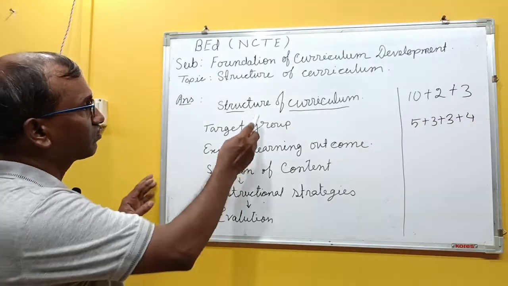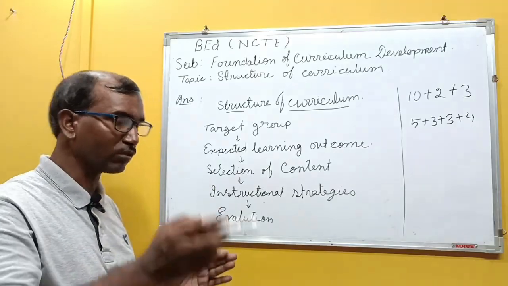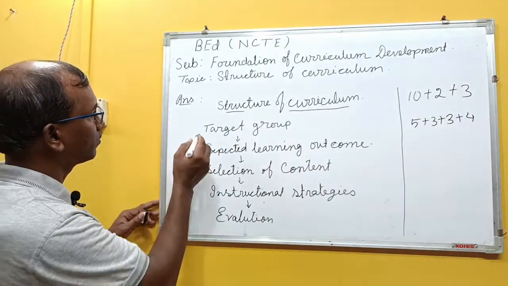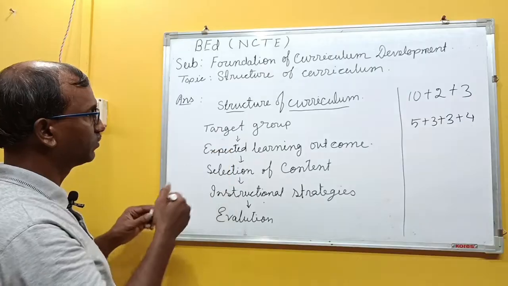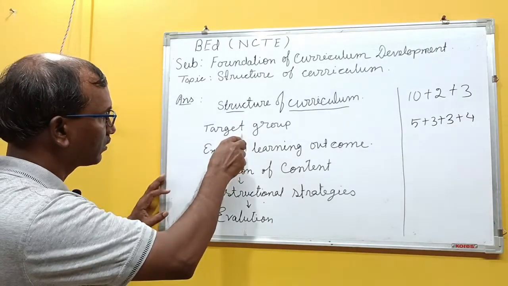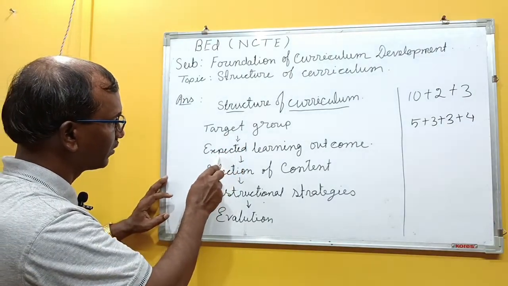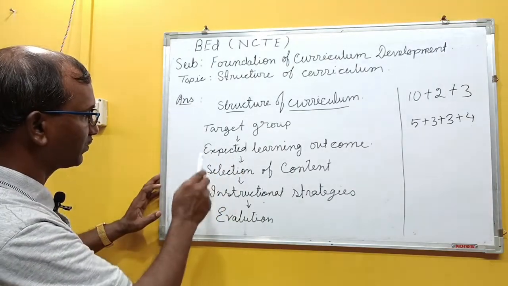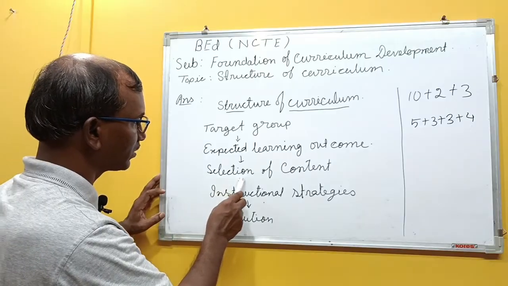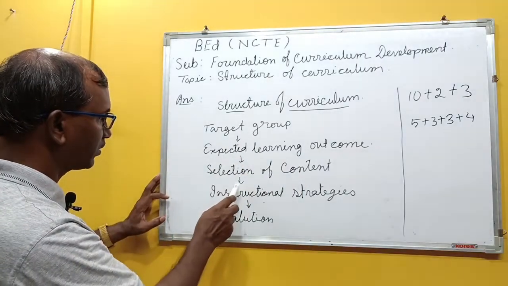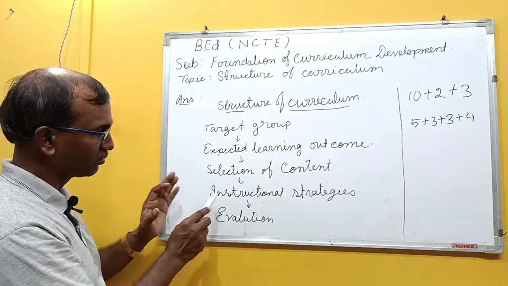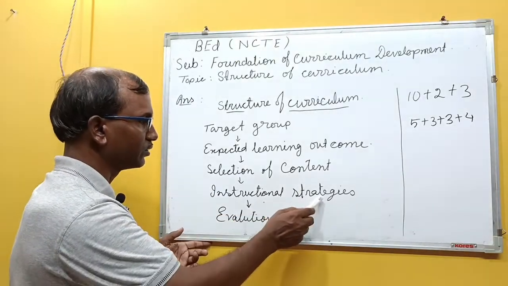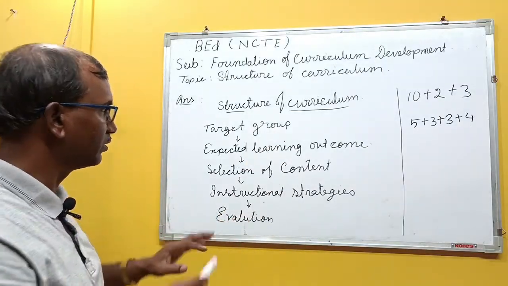So the structure of curriculum, or the way of curriculum development, is: first of all, the target group. Secondly, the expected learning outcome related to that target group. After the expected learning outcome, we must select the content. After the content, we must clear the instructional strategies, and finally evaluation.